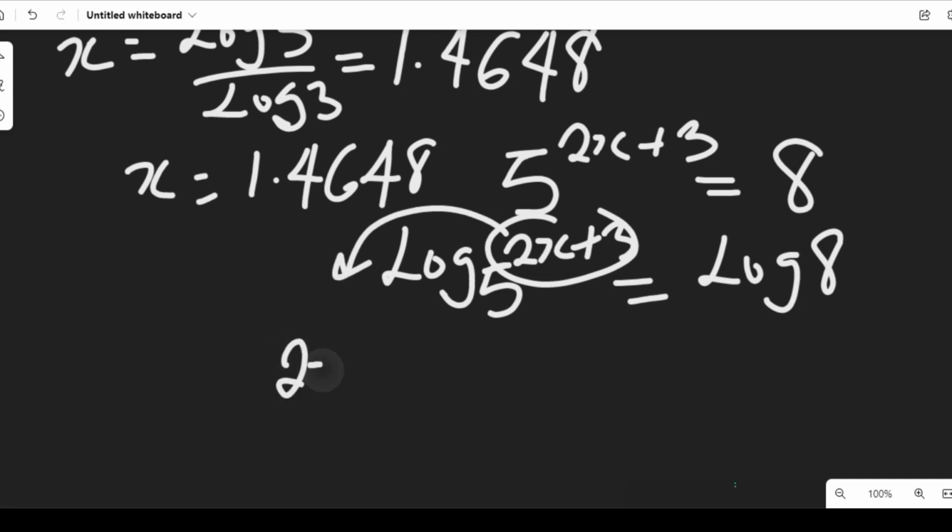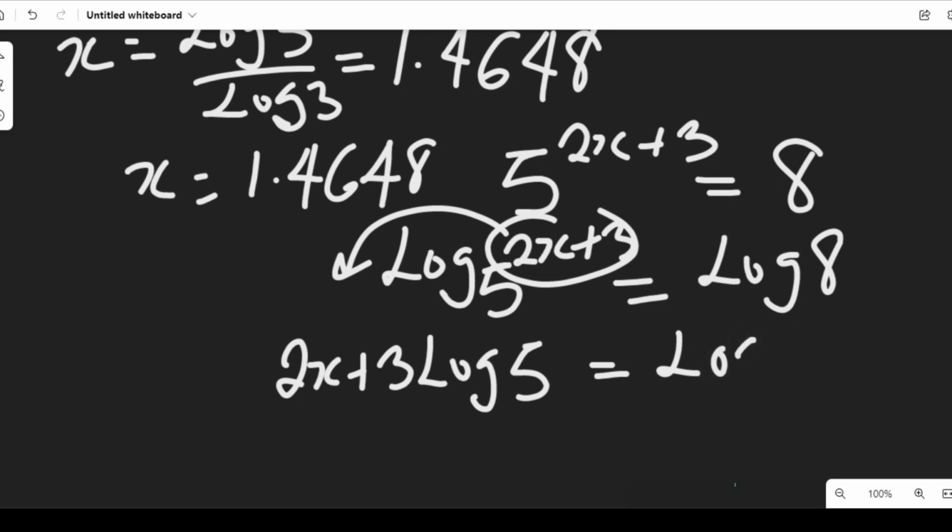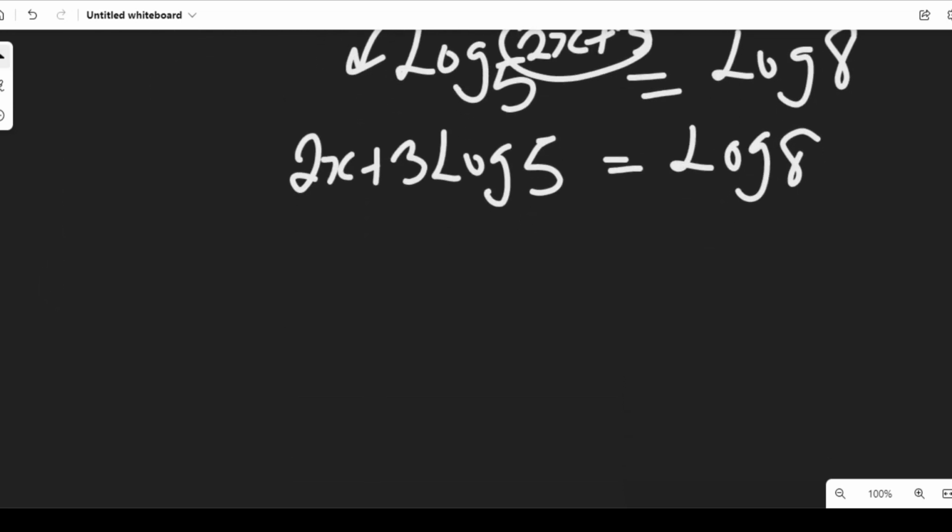We'll have 2x plus 3 times log of 5, and this will be equal to log of 8. Now, in order to get the value of x, we'll divide through by log of 5.